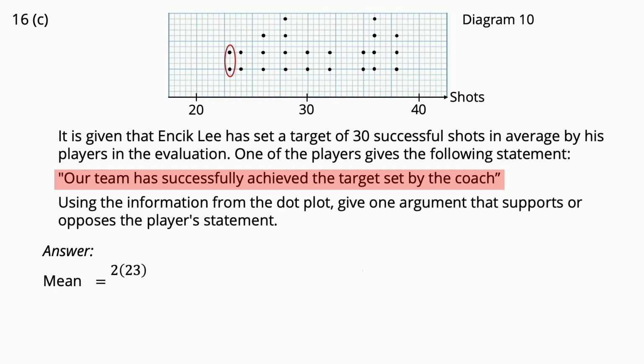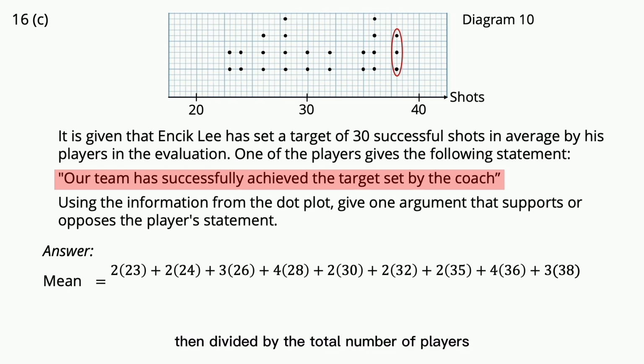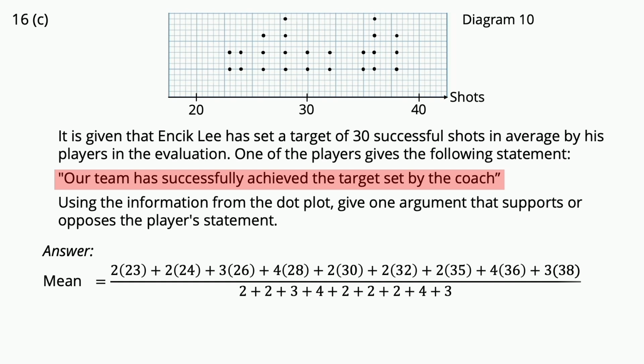That's 23 times 2, plus 24 times 2, plus 26 times 3, plus 28 times 4, plus 30 times 2, plus 32 times 2, plus 35 times 2, plus 36 times 4, plus 38 times 3. Then divide by the total number of players, 2 plus 2 plus 3 plus 4 plus 2 plus 2 plus 2 plus 4 plus 3.